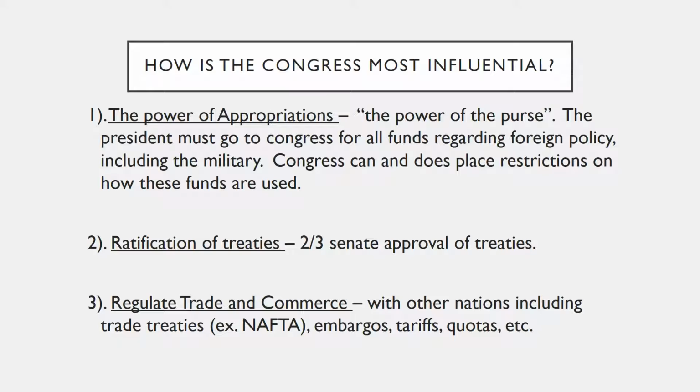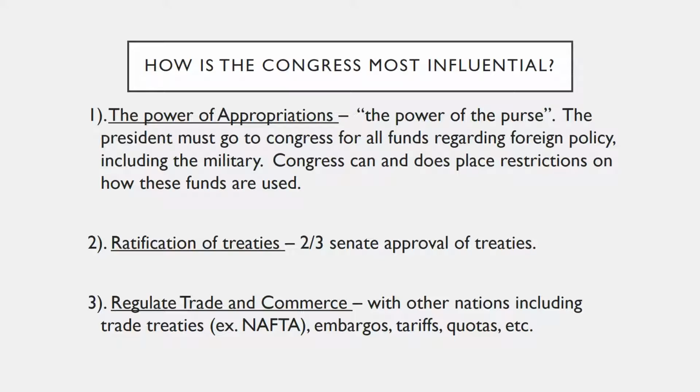And so once this was a very powerful tool or area of influence for the Congress in foreign policy. But now, because of the increased exercise of executive agreements by the last several presidents at least, this power of Congress, formally in the Constitution, is somewhat limited.